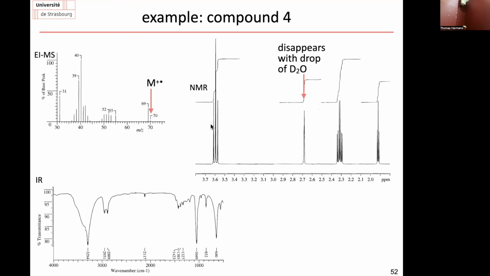Carbon is 12, right? 12 times something. We need 48. 48 divided by 12 is 4. So we have 12 times 4, which is 48, plus 22, 70. So based on this, I have C4H6O.